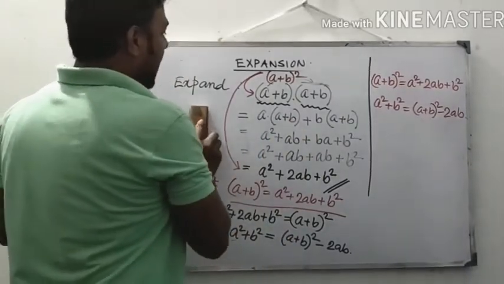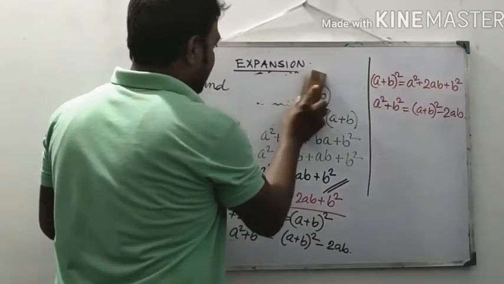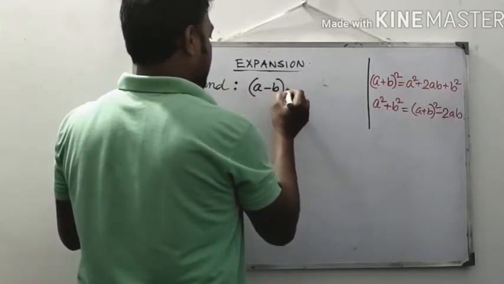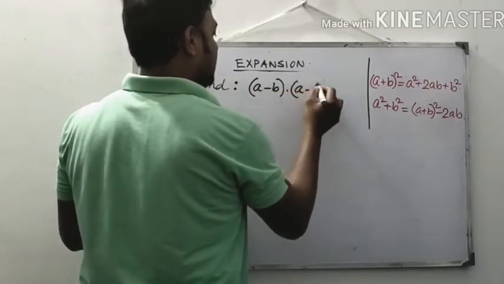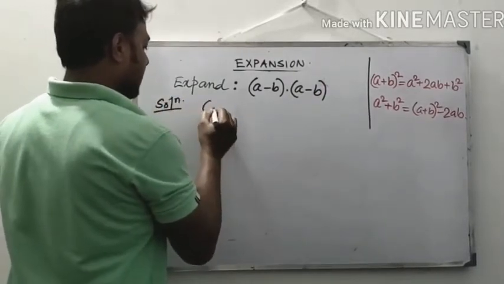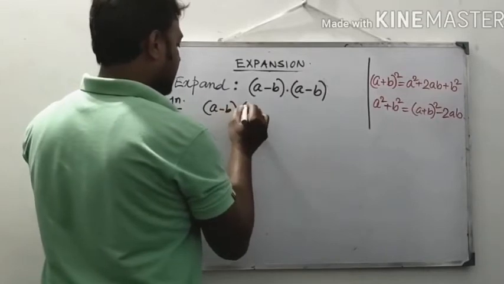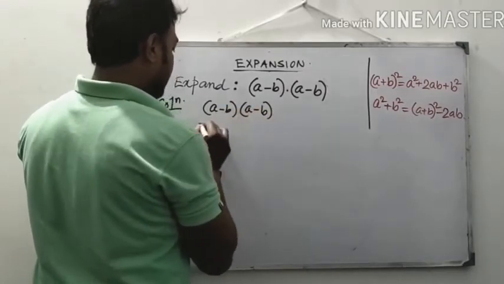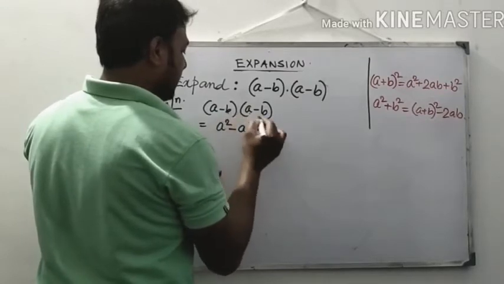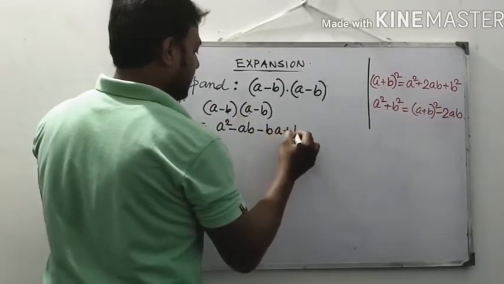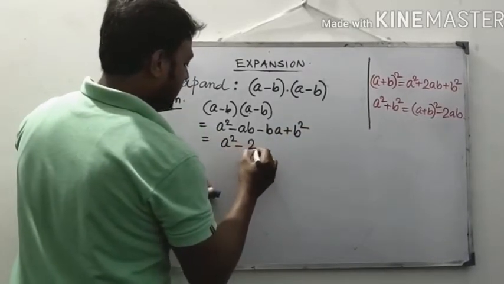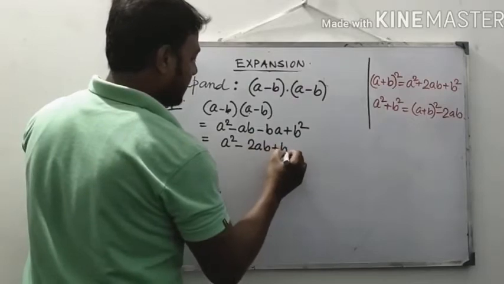Next, I am giving you one more question: (a minus b) into (a minus b). This is the question, and the solution you can easily solve: (a minus b) into (a minus b) equals a square minus ab minus ba plus b square. So ultimately we get a square minus 2ab plus b square.